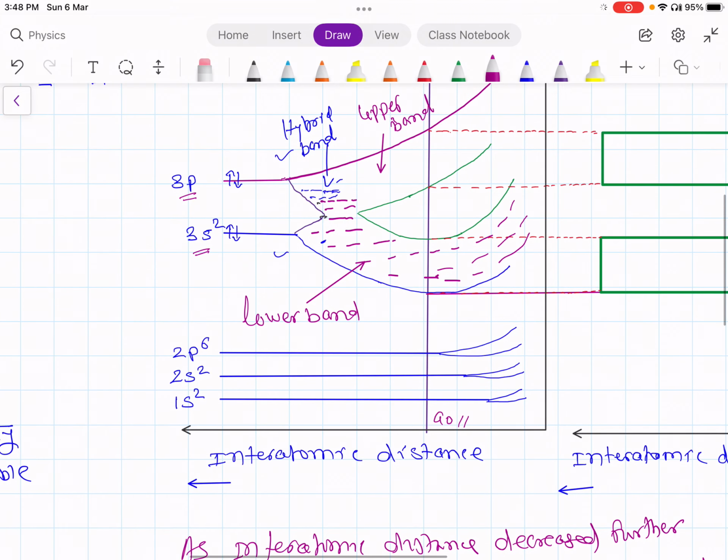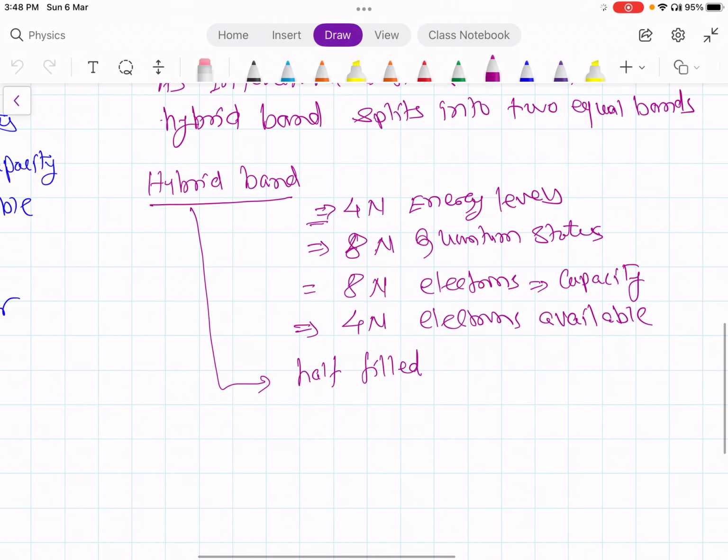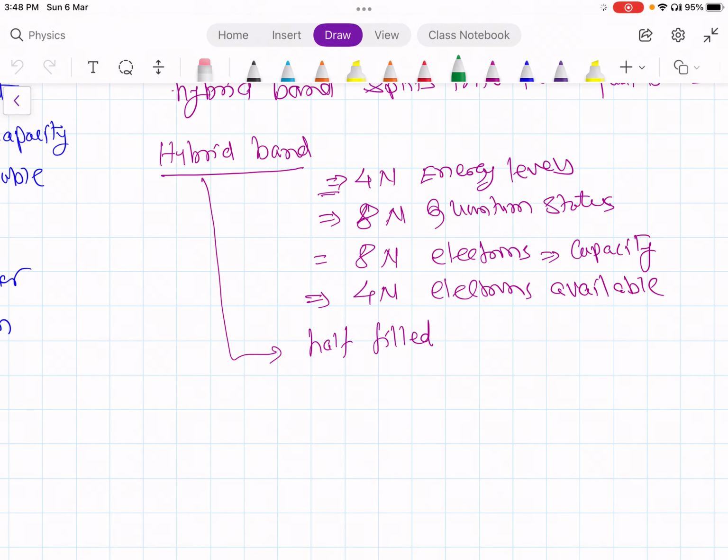Then in the diagram, as you can see, this hybrid band splits into two equal bands, an upper band and a lower band. So at the actual interatomic distance, here a naught is the actual interatomic distance.